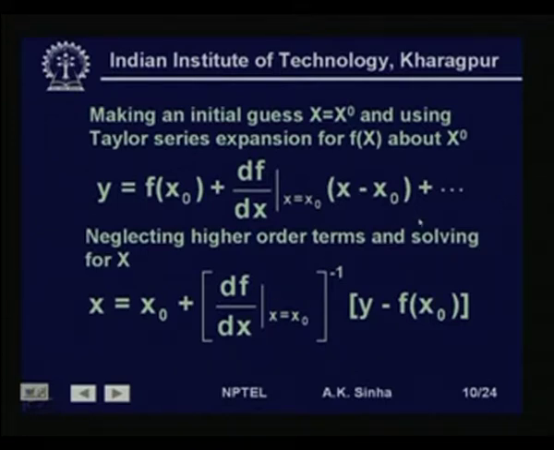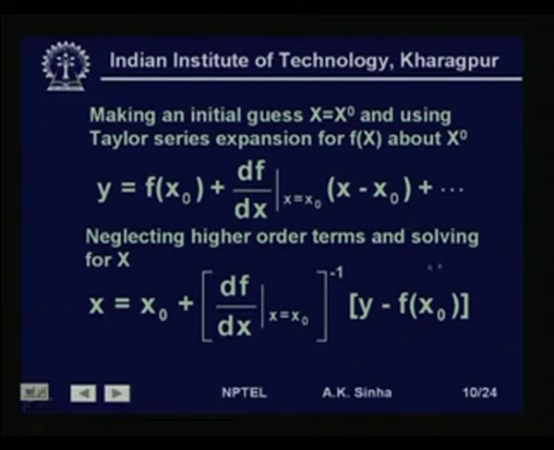Now, if we neglect the higher order terms, that is if we are assuming that our x 0 is close to the true value x, then (x minus x 0) square and (x minus x 0) cube, all those terms are going to be much smaller, and therefore, they can be neglected.